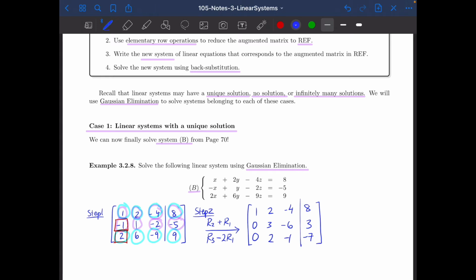So I've made quite a bit of progress already. I now am concerned with this 2. If this 2 was a 0, then the augmented matrix would already be in row echelon form. That 2 is not a 0 yet. And in fact, I'll start by performing an elementary row operation on row 2 so that this 3 becomes a 1, which is easier to deal with.